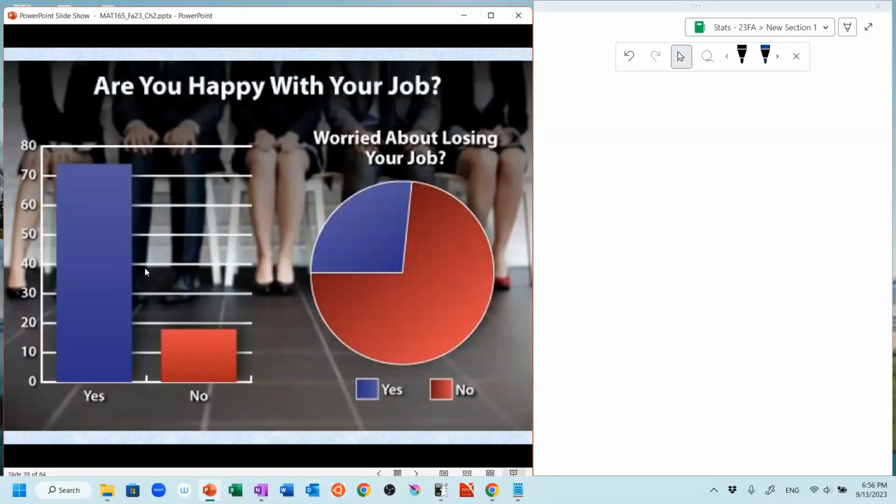So the yes is blue in both cases, but pretty clearly, most of the people who are happy with their job are not worried about losing their job, and vice versa. So if you're going to use a consistent color scheme, maybe it doesn't make so much sense to present under that same color scheme two questions that are natural opposites of one another, right?